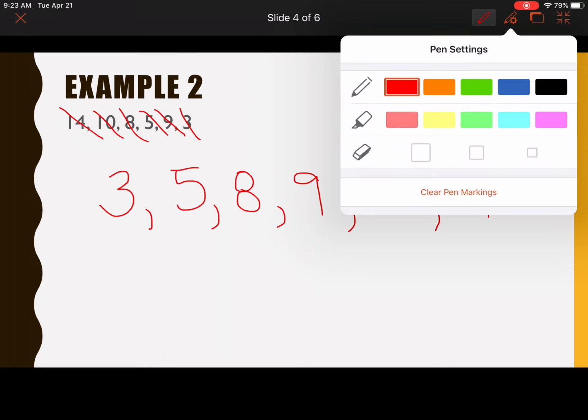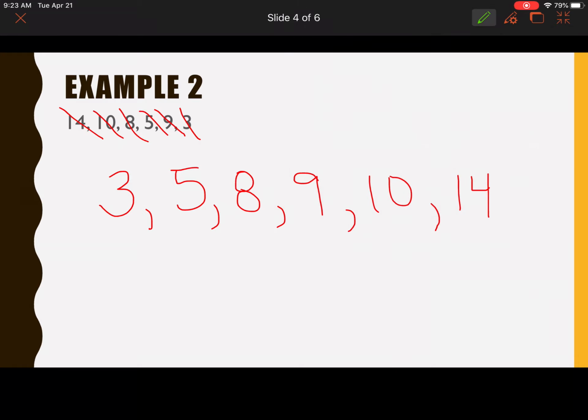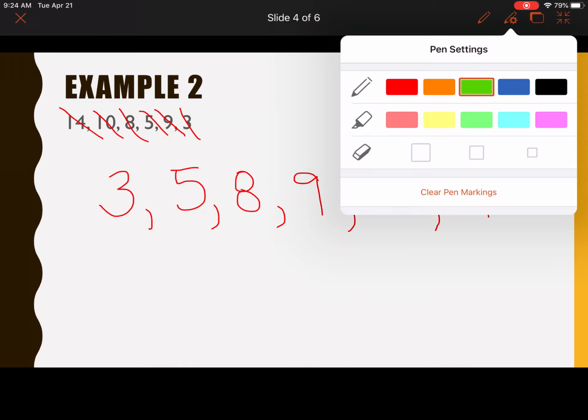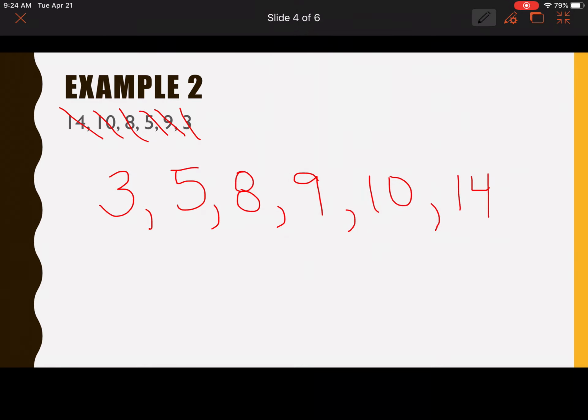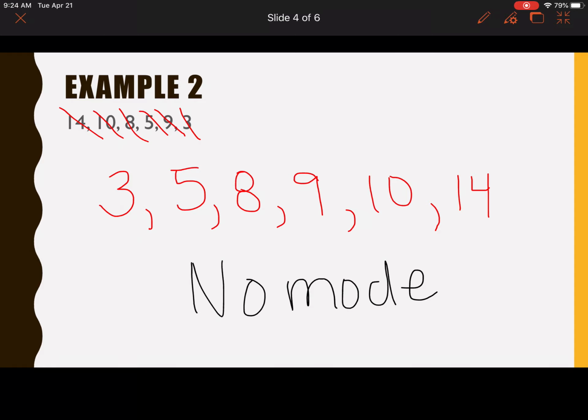Now we're going to look at our list and see if there's any numbers that repeat. 3 doesn't repeat, 5 doesn't repeat, 8 doesn't repeat, 9 doesn't repeat, 10 doesn't repeat, and 14 doesn't repeat. So here, none of our numbers repeat, so that means we have no mode.